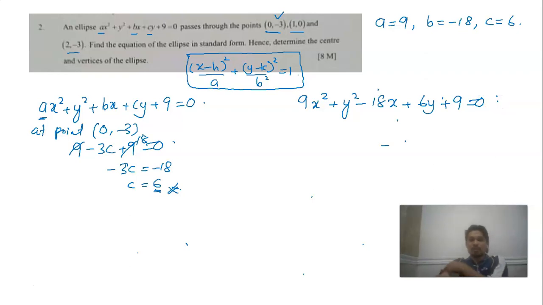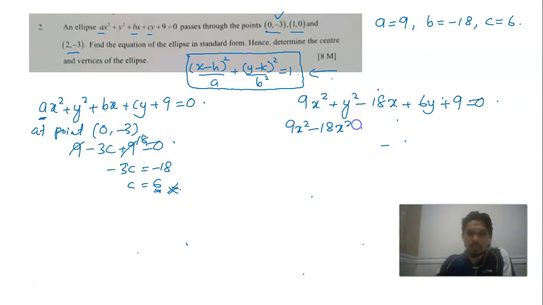Okay, class, now we're going to use what we call completing the square to find the value to get this equation here. So then 9x squared minus 18x plus y squared plus 6y plus 9 equal to 0.